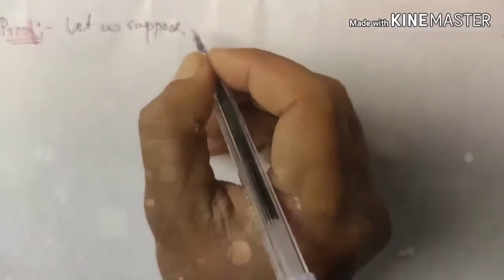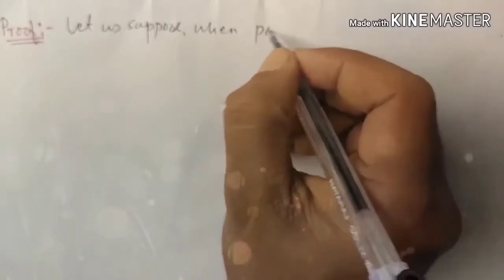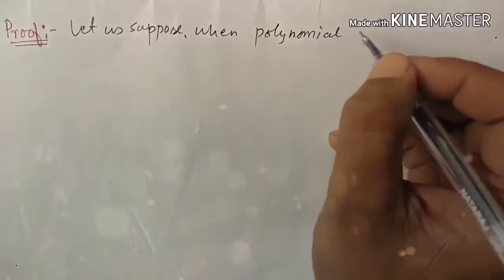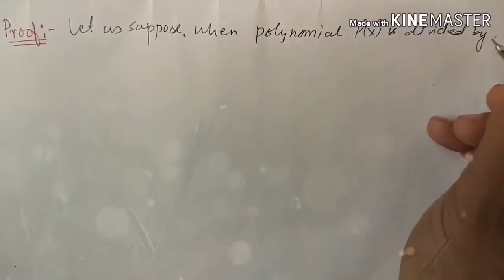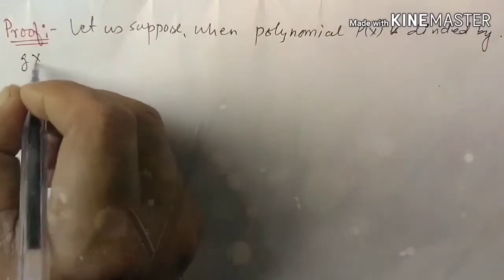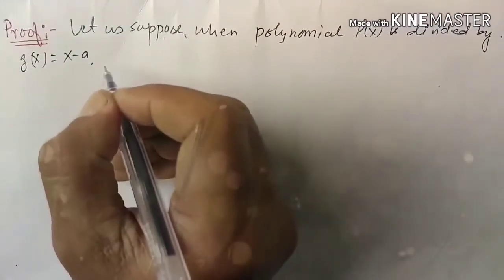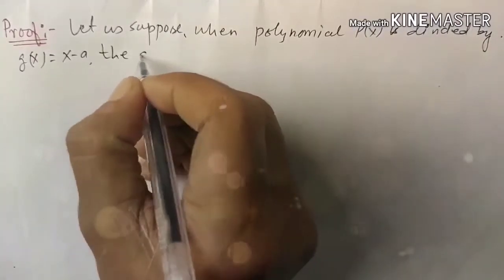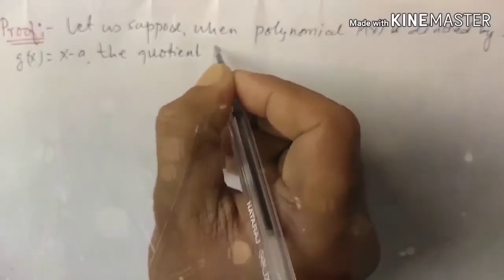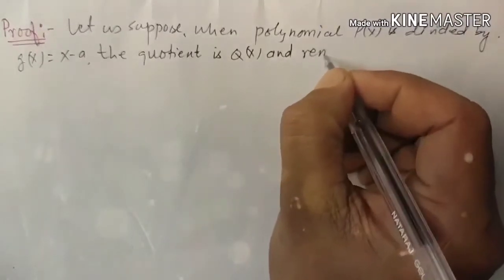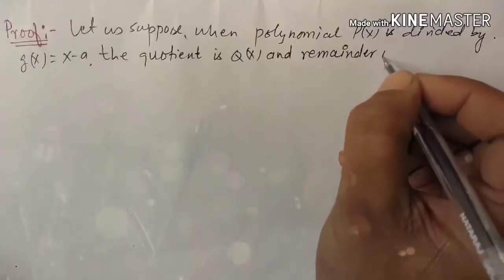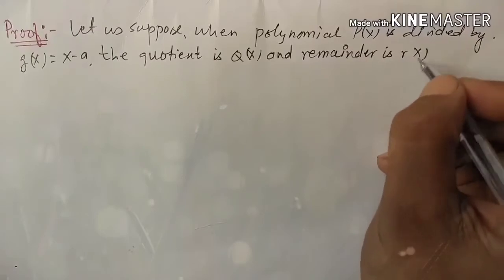In order to prove the theorem, let us suppose when polynomial P(x) is divided by g(x), the quotient is q(x) and the remainder is r(x).